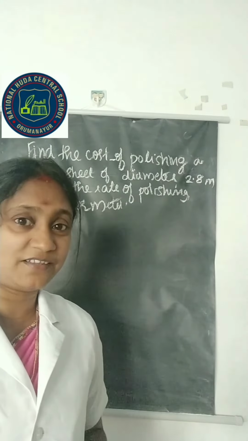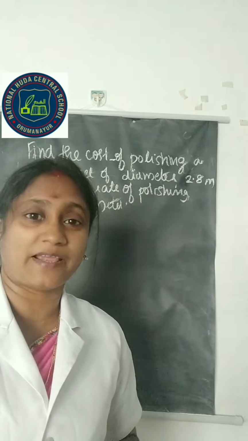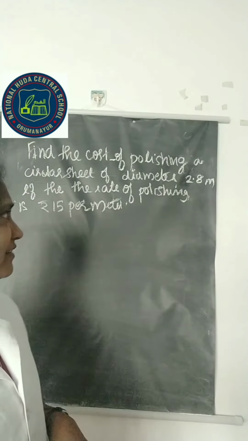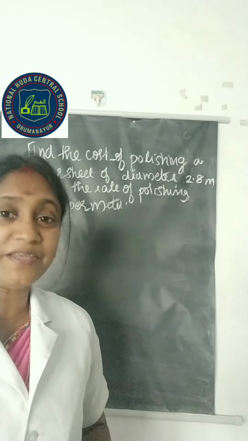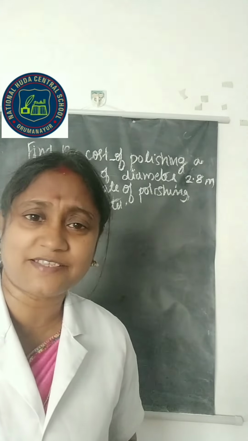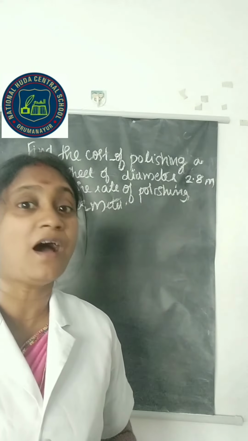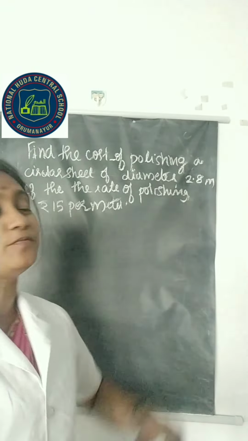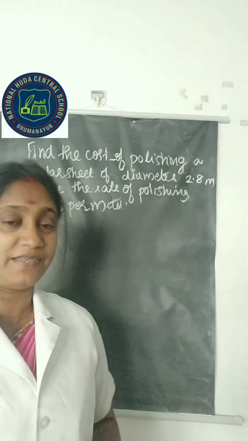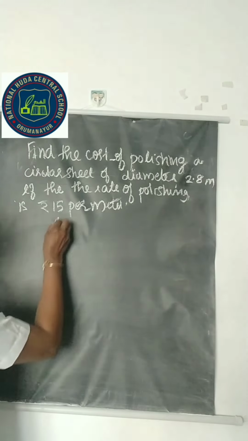Cost of polishing, for that you have to find out the area of that circle. And what is given? Diameter is given. Diameter is equal to 2.8 meter. So what will be the radius? Radius will be half of the diameter. So it will be 2.8 divided by 2, which is 1.4 meter. So what do we have to find out first?